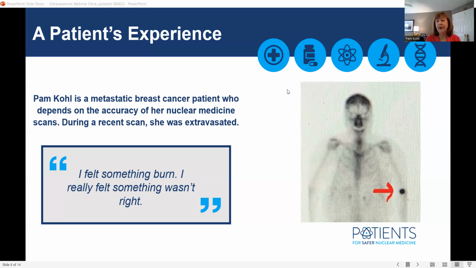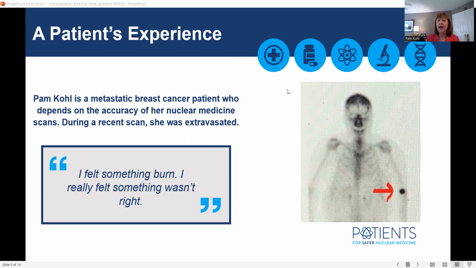You know, I am a very fierce advocate and have been for quite a long time. But when you're in your robe and gown and meeting with doctors, and your life is sort of in their hands, and you trust your medical providers, even someone like me who knows about extravasation and is a fierce advocate sort of cowers.